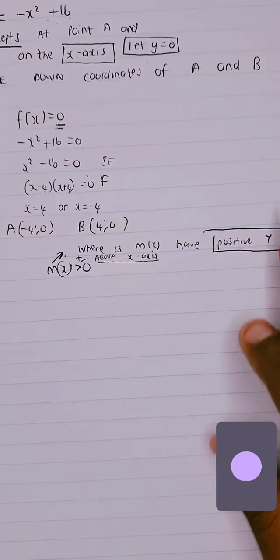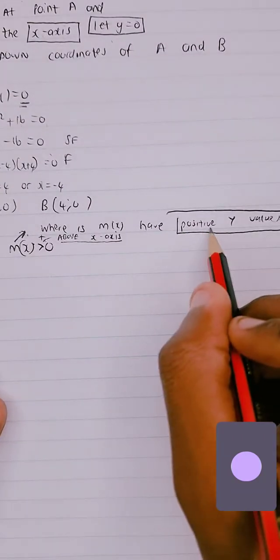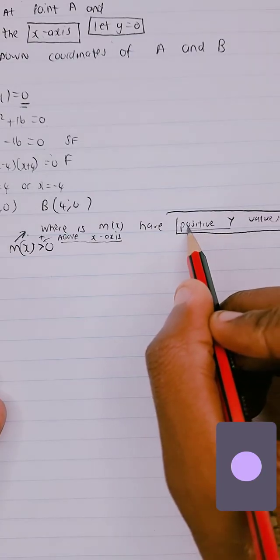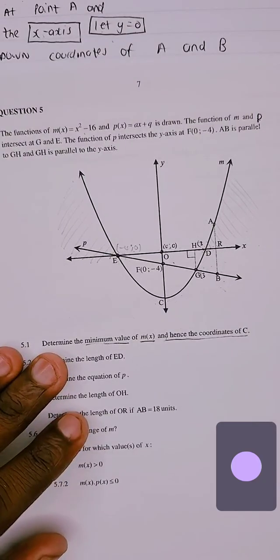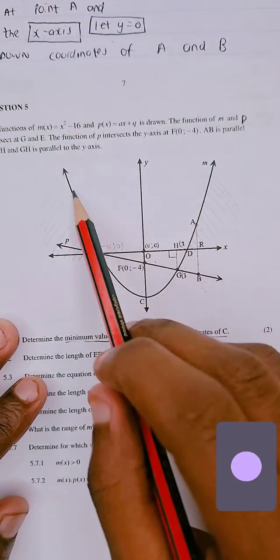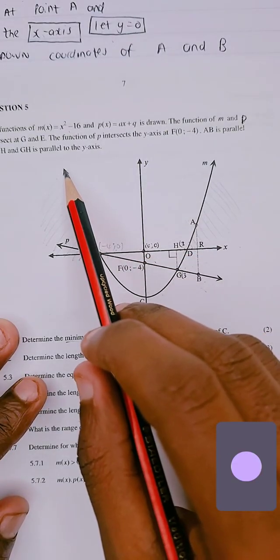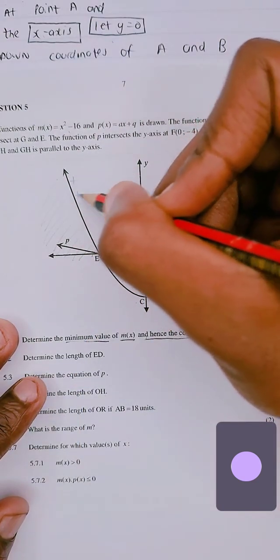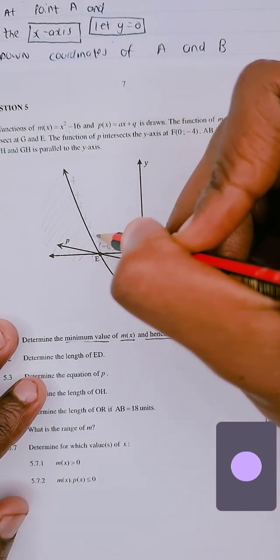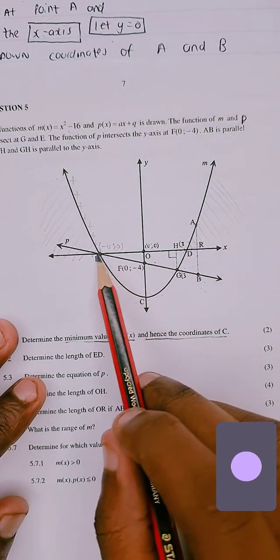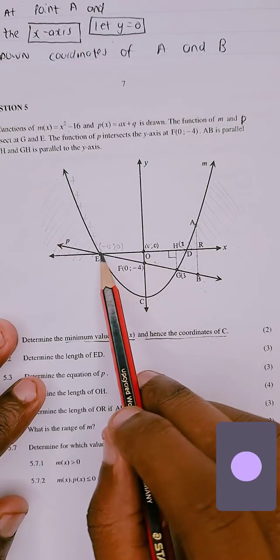If you remember, I asked where are the y values for the function? Positive. I usually say this to my learners: if you are looking at this function and moving from left to right, look at what's happening. All your y values here are positive. Then we get to the x-axis, y is 0.